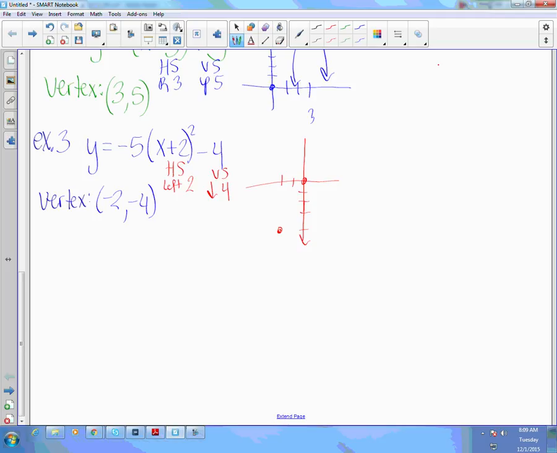So if we stretch it, should the graph get wider or skinnier? Skinnier. And 5 is a pretty good stretch, so it's going to be pretty skinny, and goes down. Okay, now we're going to see what an absolute value function looks like and perform these same transformations on it.